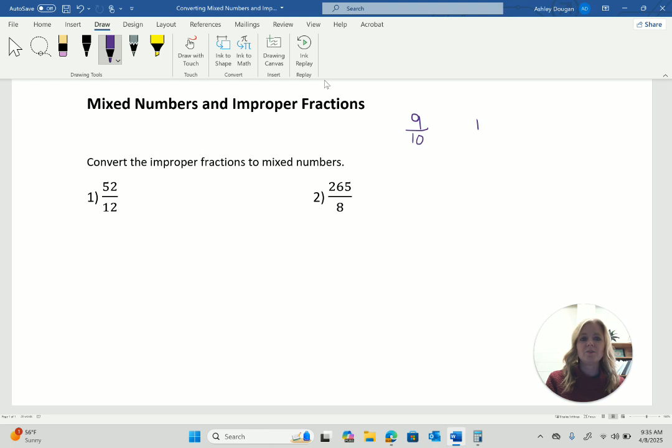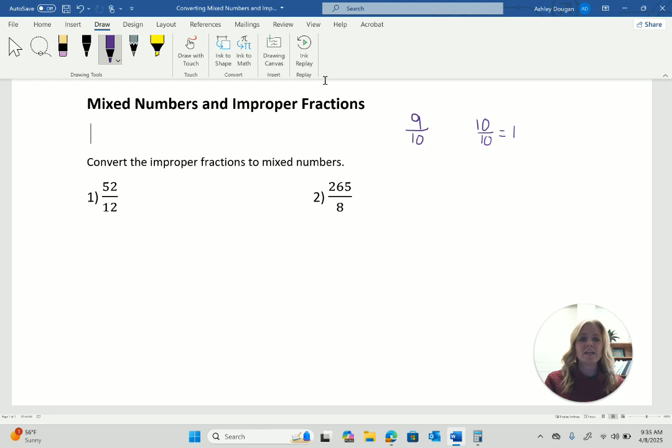The whole entire piece would be 10/10 because that equals 1. If I broke something into 10 pieces and I took all 10 of those pieces, I would have the whole piece, right? If I took 9 of those pieces, I would have almost the whole piece, but a little piece would be left.